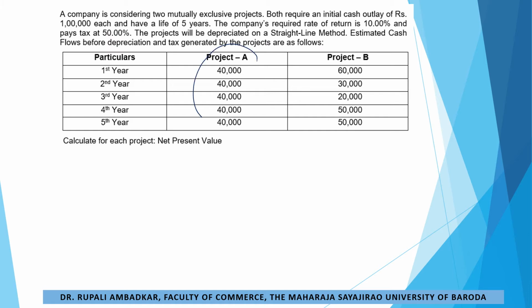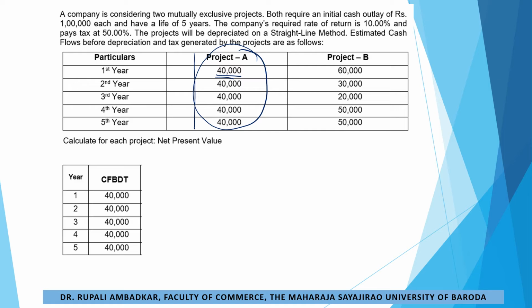Project A has equal cash flows, so even if we do calculations for only 1 year, it would be sufficient. But still I am going to show you the grid where we have calculated net cash flows after taxes for project A. We write down our cash flows before depreciation and tax.